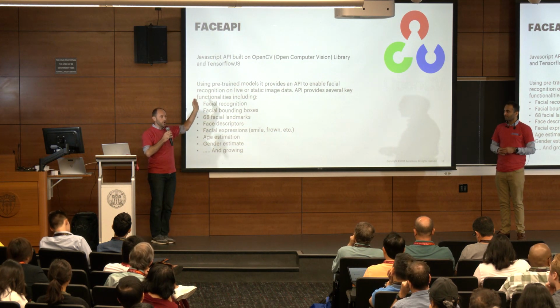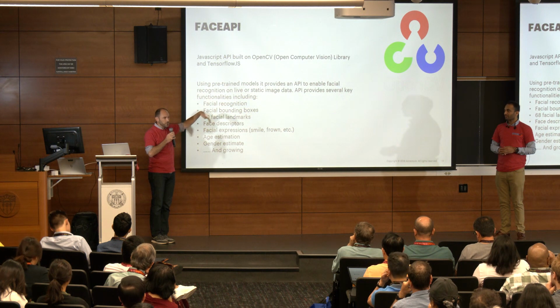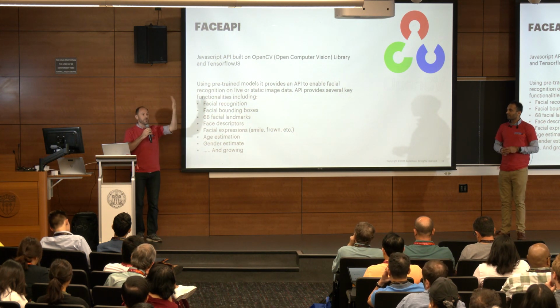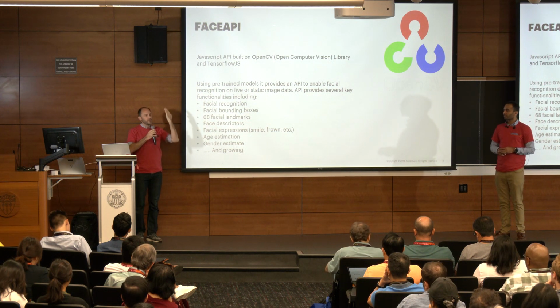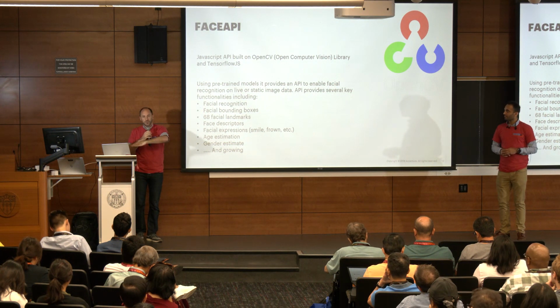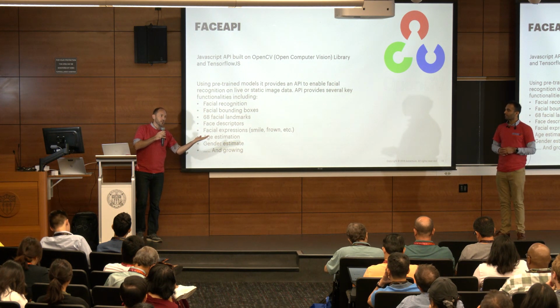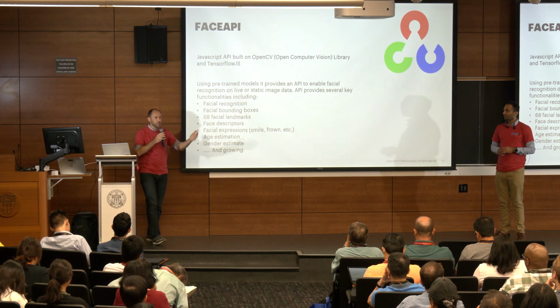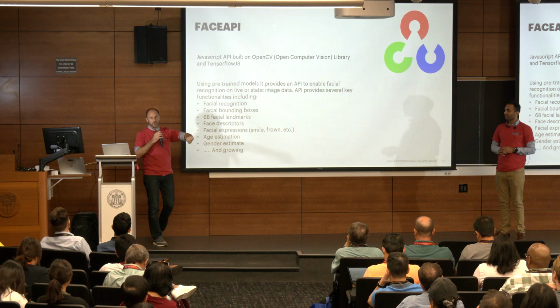OpenCV does a lot of the computer vision; it's the open source package for computer vision. And then the face-api on top of that is a JavaScript library that connects open computer vision with TensorFlow.js. So you get some of the computer vision work with some of the TensorFlow modeling and decision-making work, mixing those all together.